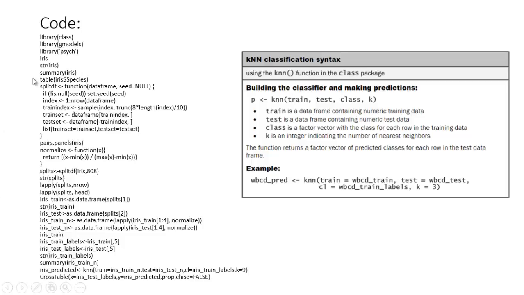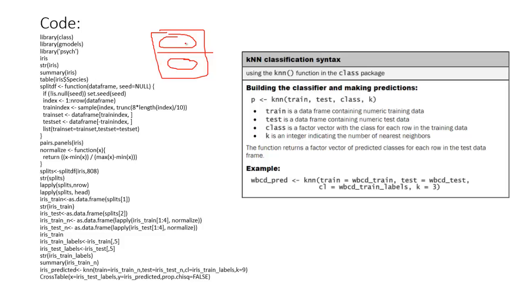And what train index and train set do: you have a data set, and you want to divide it into a training data set and a testing data set. That's why I am creating a training data set and a test data set.